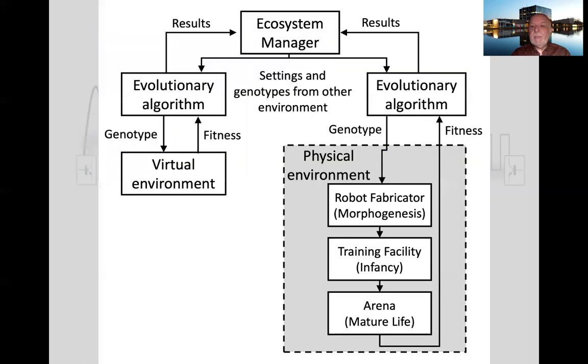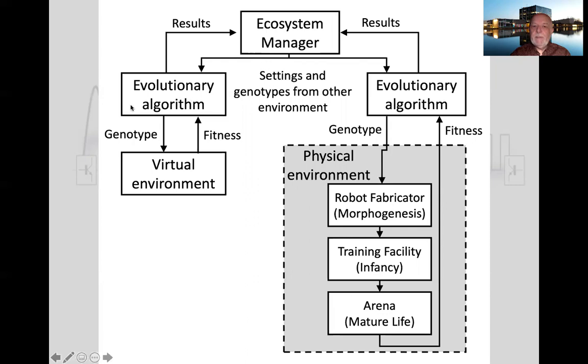So here's an example at the highest level. We'll see in a minute a bit lower level of our system. We've got our ecosystem manager at the top here, which is basically managing everything. It's managing the evolutionary algorithms, and it's managing where robots are built, whether physically built for real or within the virtual environment. You can see the left-hand branch here is maybe what we're more used to.